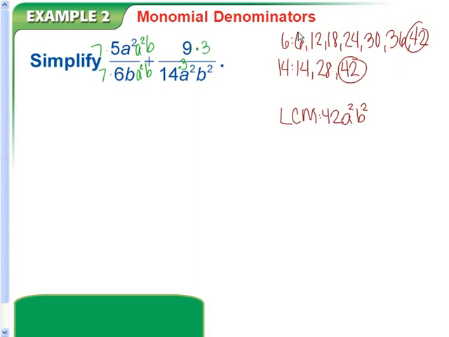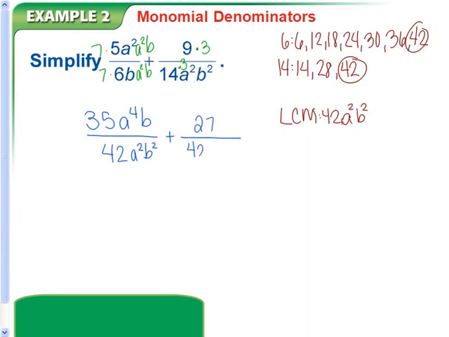And then we'll rewrite this fraction: 35 a to the 4th b over 42 a squared b squared. And then if we add that to 9 times 3, 27, and 14 times 3 is 42, a squared b squared.